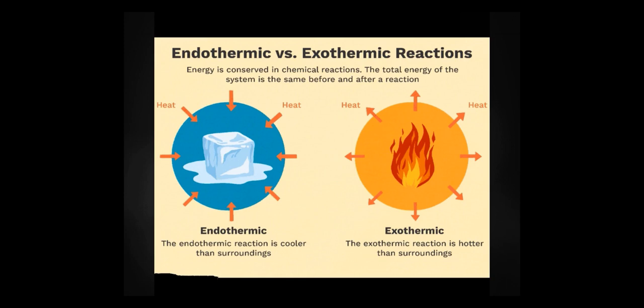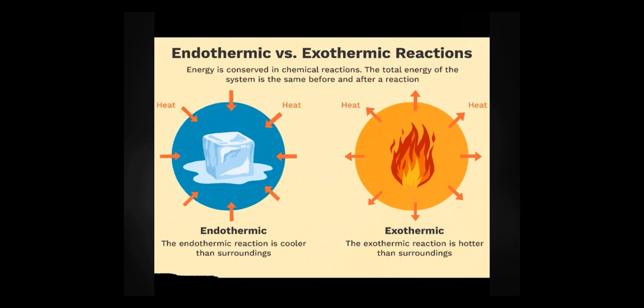An endothermic reaction is the reaction in which heat energy is absorbed, and an exothermic reaction is the reaction in which heat energy is released. In an endothermic reaction, heat energy is supplied to the reactants from the surroundings.